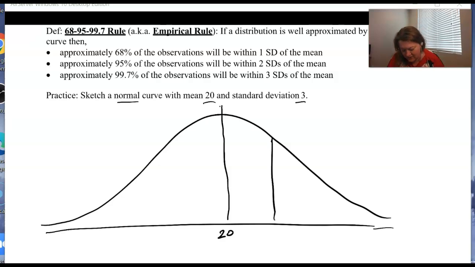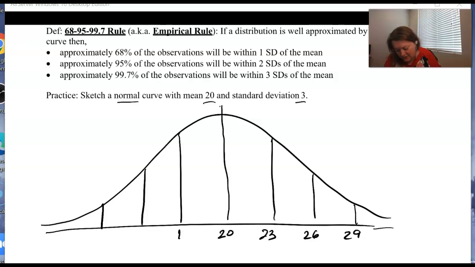So I'm going to do one here, and one here, and then the same thing on the other side. I'm just trying to evenly space these. And then I'm going to move them each by 3. So adding from 20, this is going to be 23, 26, 29. And then subtracting 3, this is going to be a 17, a 14, and 11.